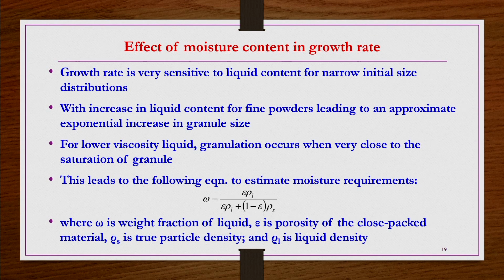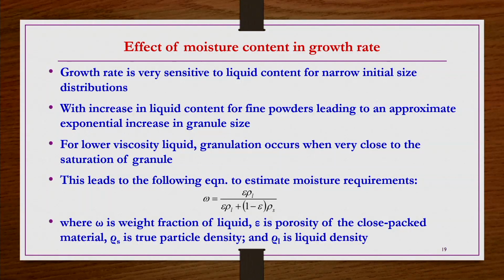So, that is epsilon. Let us say you have 100 kg of the feed material, and a moderately viscous liquid whose density rho L is 1000 kg per meter cube, and the true density of the fine particles that you are going to agglomerate is 1600 kg per meter cube.